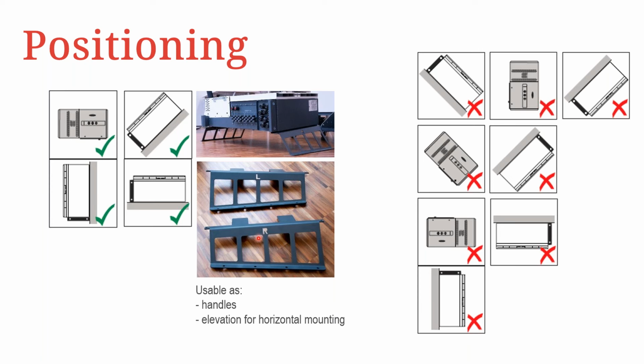The floor mount bracket is used to install the inverter horizontally. And you can be assured that once it is installed, you wouldn't have any ingress of dust particles or rain or water slipping in.